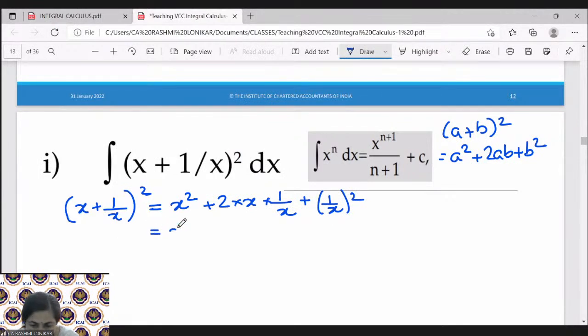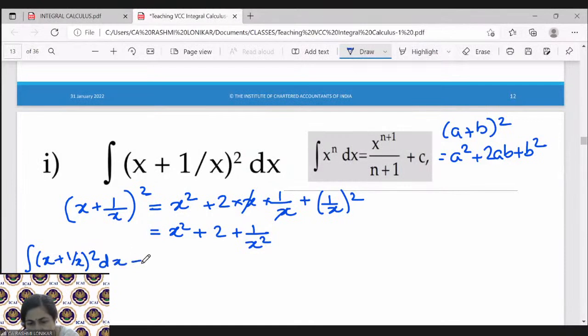So this is equal to x square, this x and this x will get cancelled, so plus 2 plus 1 upon x square. Okay, so instead of writing this, I'm going to write integration of x plus 1 upon x the whole square dx to be equal to integration of x square plus 2 plus 1 upon x square dx.